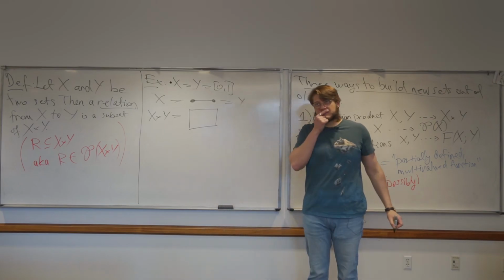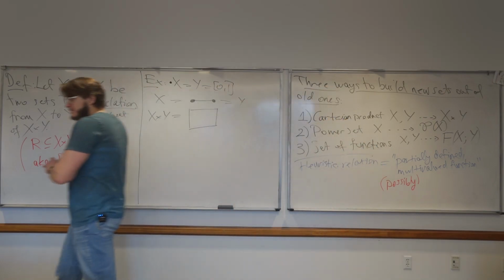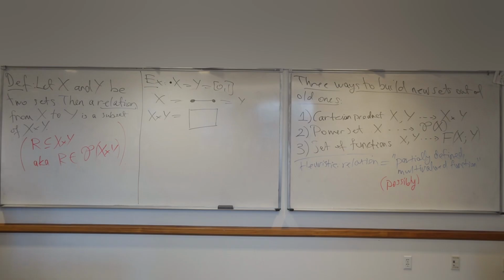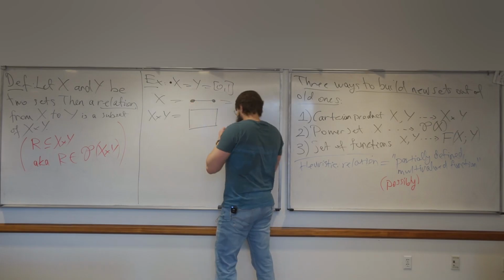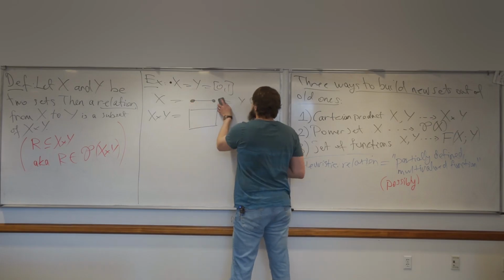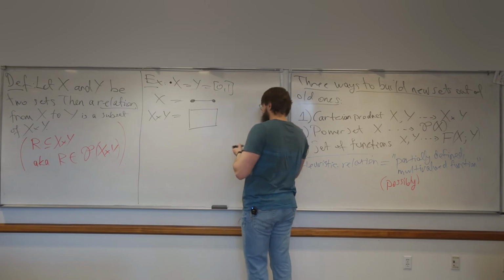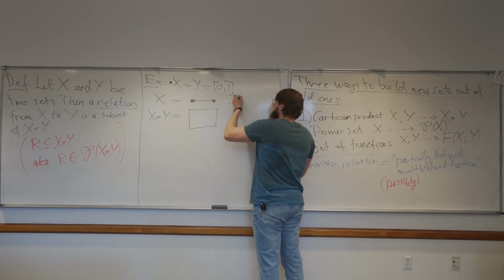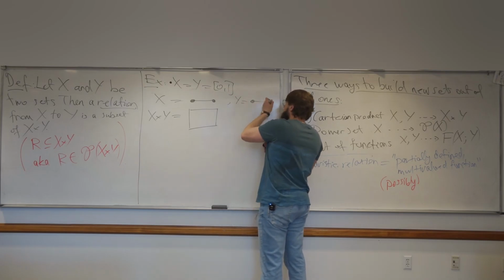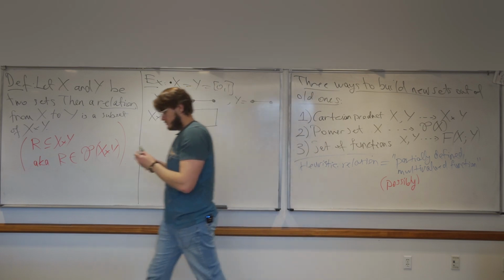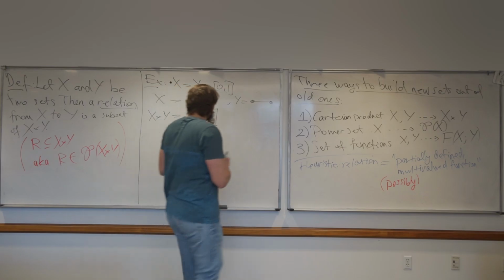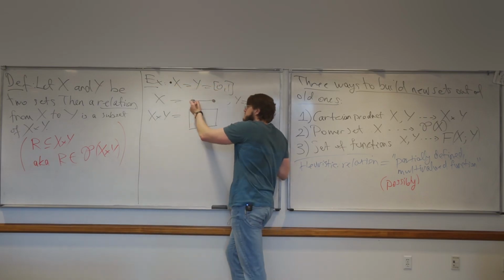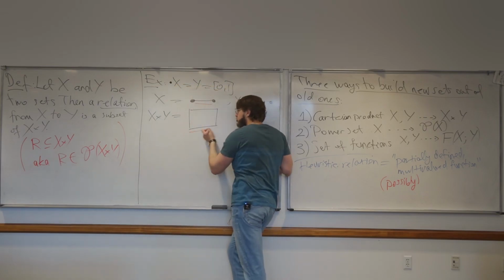Does this make sense? And perhaps just to be a little bit more clear, how did I build this out of this? Let me write it like so. I took the interval, it was the same set ultimately, but I took this and used it here.